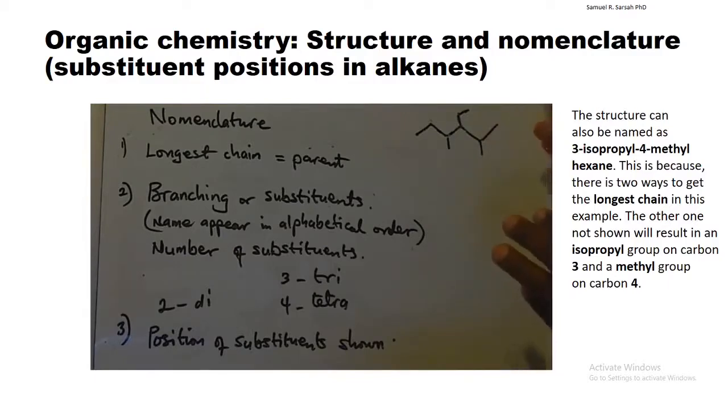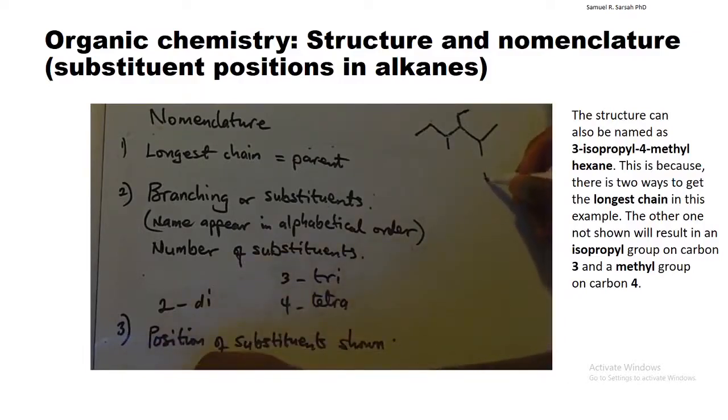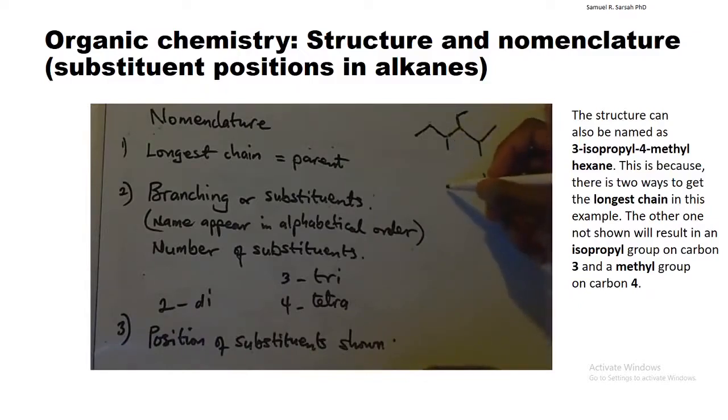So if I want to name it, I can name it in 2 different ways. Okay, I'm going to start from here. So the parent name is still hexane. Now we have 2 methyl groups. One is on carbon number 2, the other one is on carbon number 4. So we have a dimethyl, and then this is carbon number 2, this is carbon number 4.